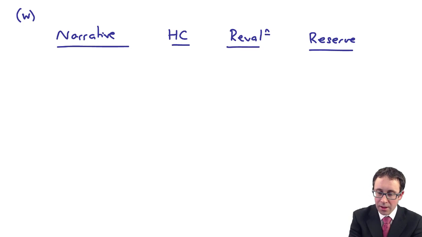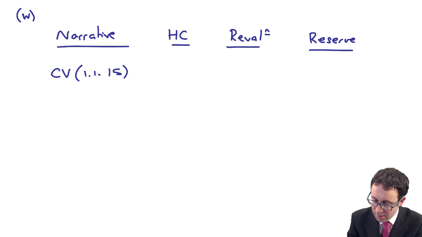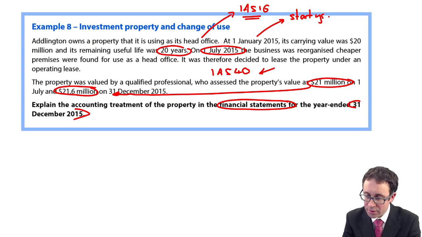So the narrative is that we have our carrying value at the start of the year, the 1st of January 2015. That carrying value at the start of the year was 20 million.